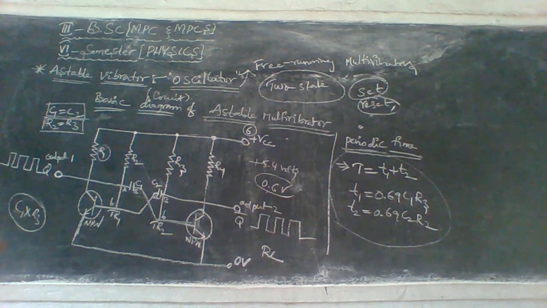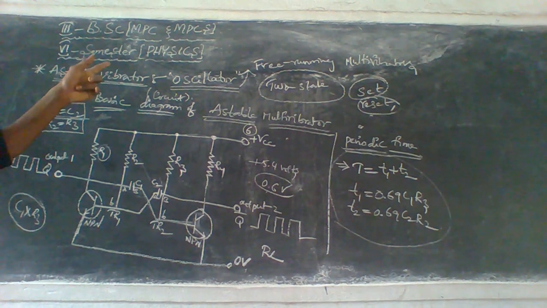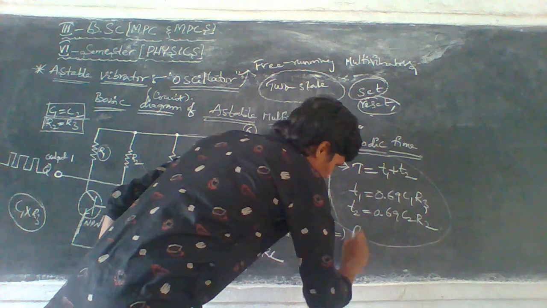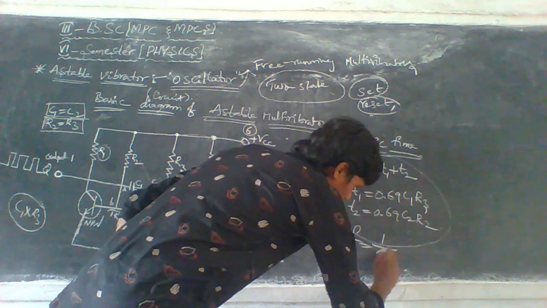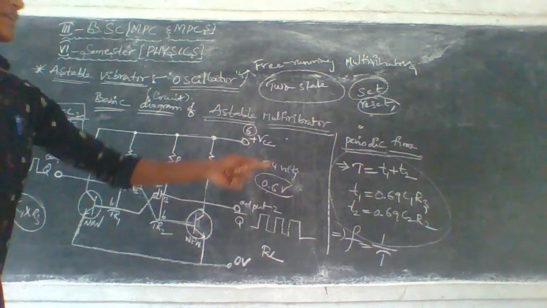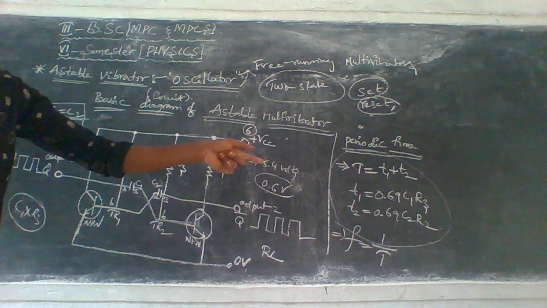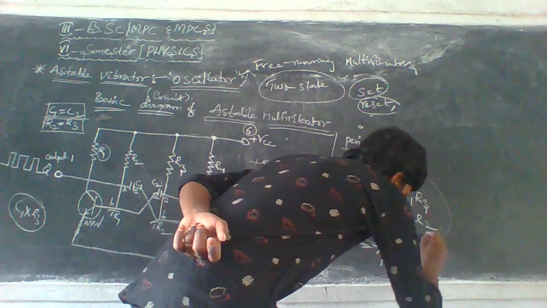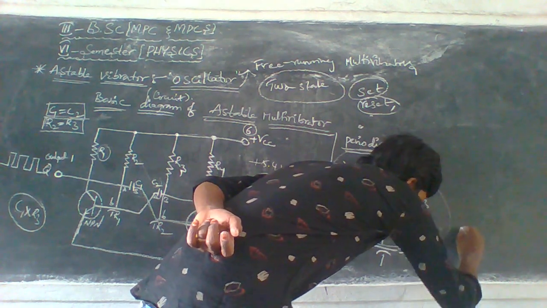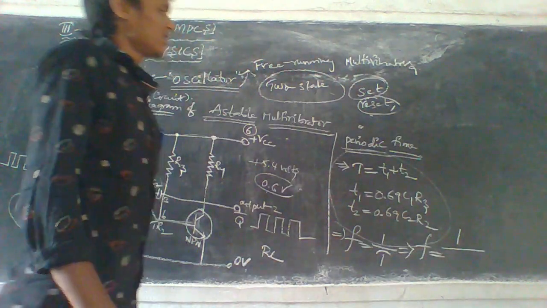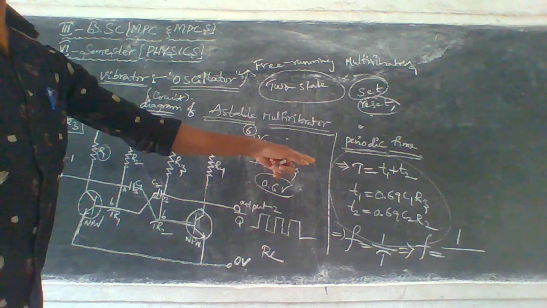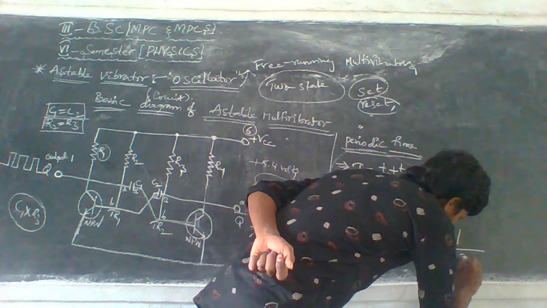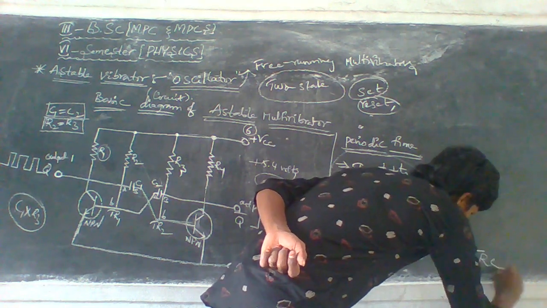And here the frequency of oscillation of the astable multivibrator is, frequency f is equal to 1 by T. So the frequency f is equal to 1 by 1.38 RC.